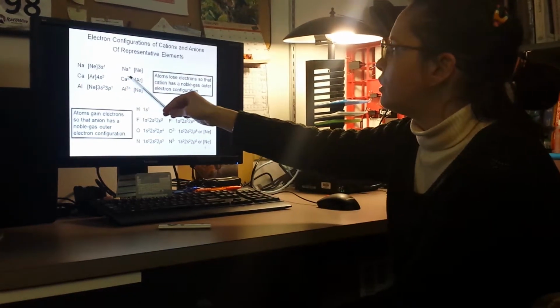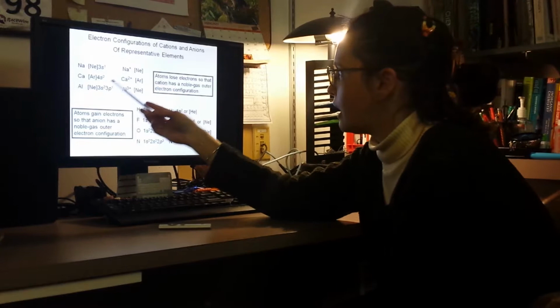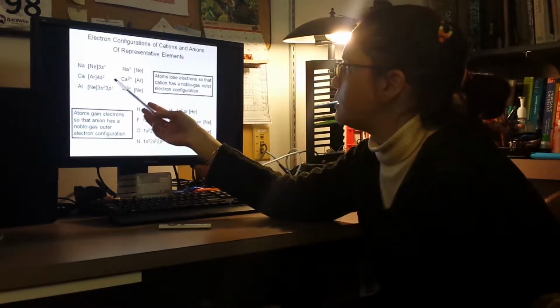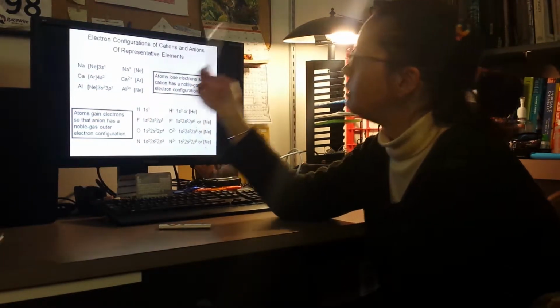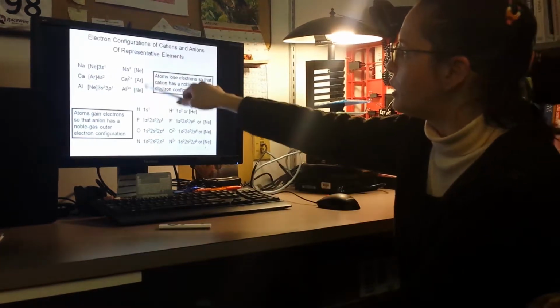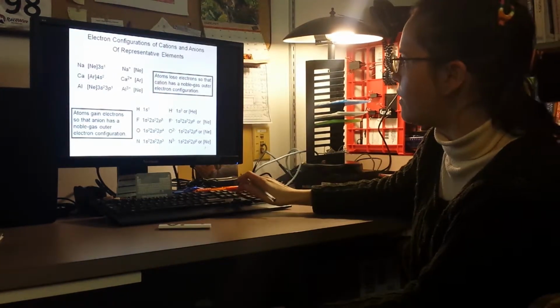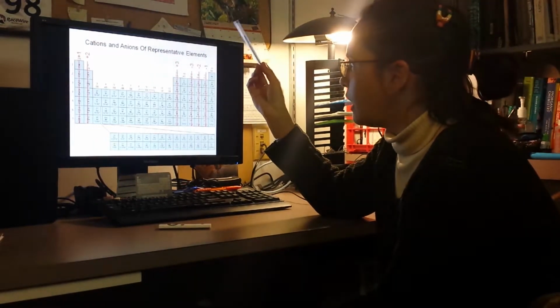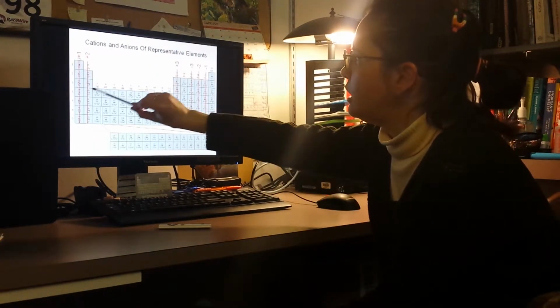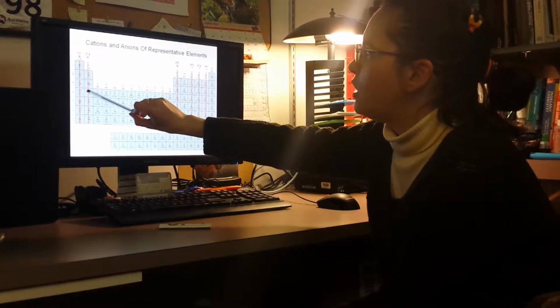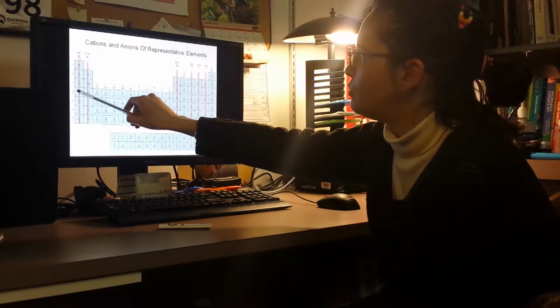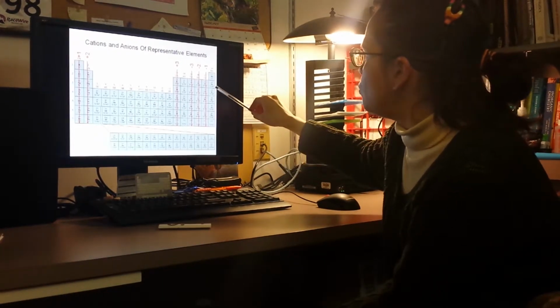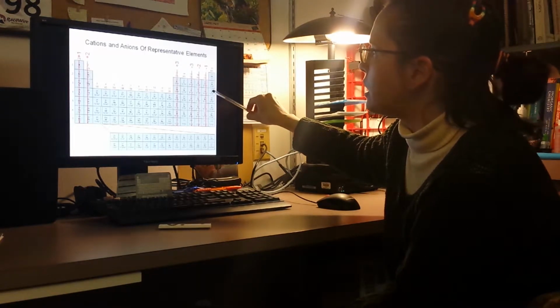Here we're going to do similar things with calcium and aluminum. Calcium is calcium 2+, and aluminum is 3+, so we're reporting these as noble gases. Calcium, which is right here, lost 2 electrons, so we go back 2 places and we get argon.